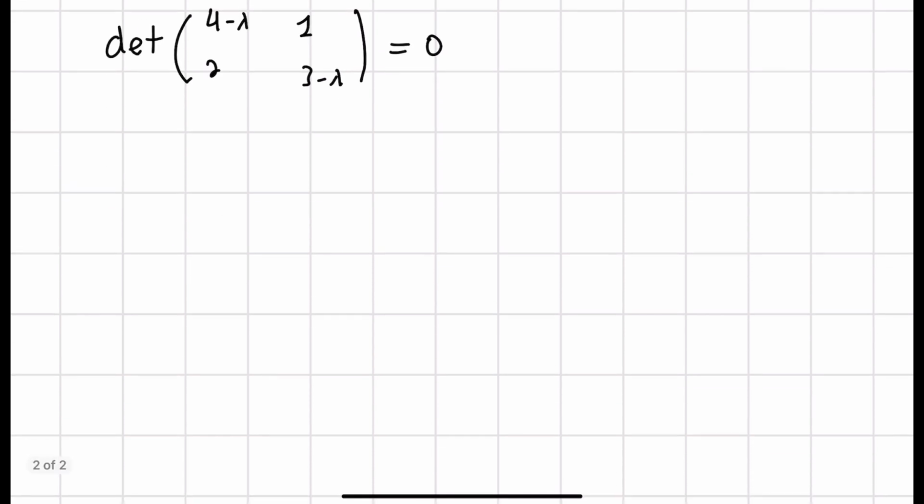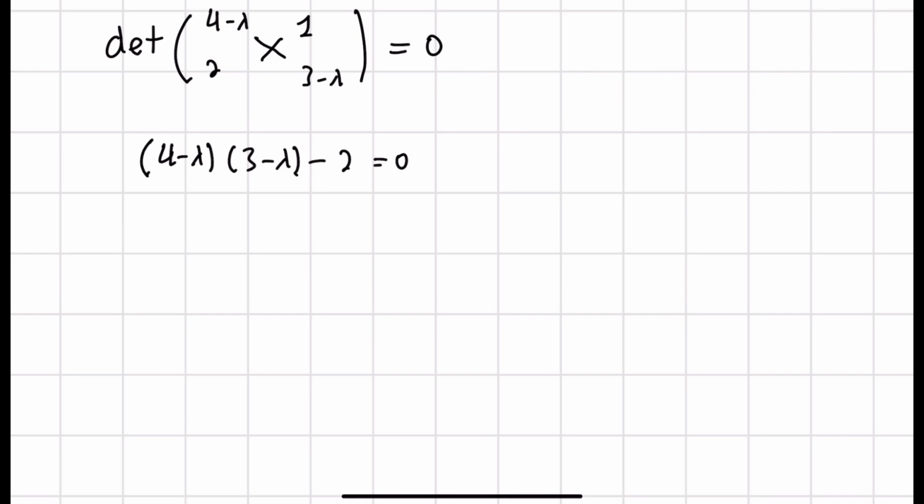So the determinant of this matrix is 4 minus lambda times 3 minus lambda minus 1 times 2 equal to 0. And now let's just solve for lambda. So let's expand everything.